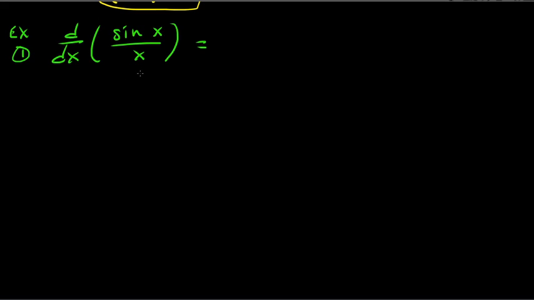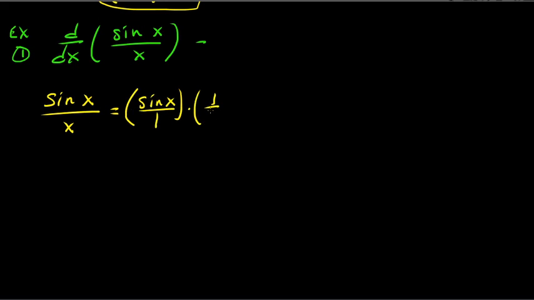And if you're thinking, but this is not a product, it's a quotient. Fair enough, right? This is sine x divided by x. It's a quotient. But a quotient is also a product. You can think of this as sine of x over 1 times 1 over x. And now it's a product.